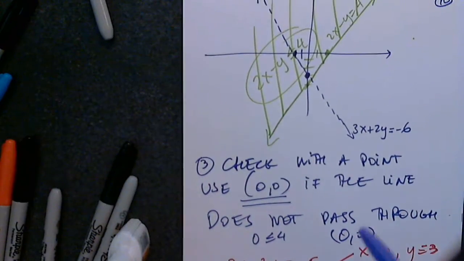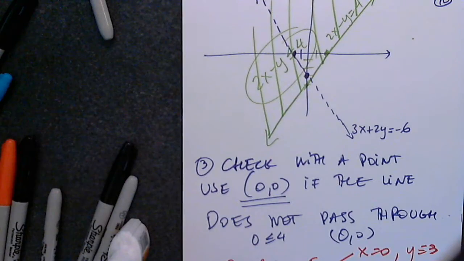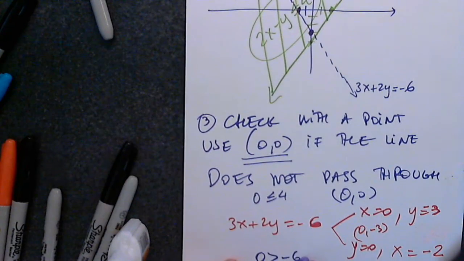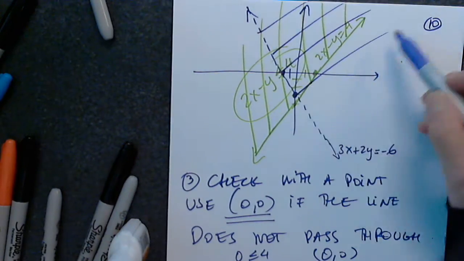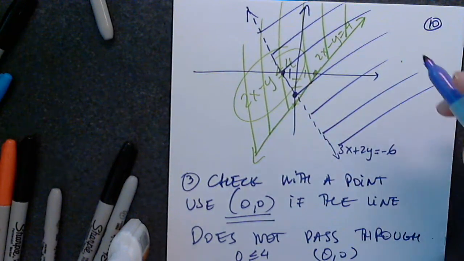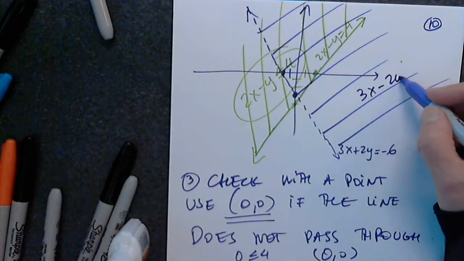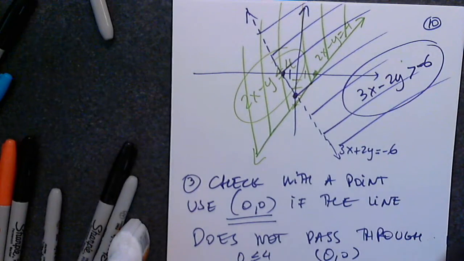If you say this is false, then I will shade in the opposite. Is 0 greater than negative 6? Yes. So therefore, all this region that is purple represents 3x plus 2y greater than negative 6. All the ordered pairs that verify this inequality are found in the purple region.